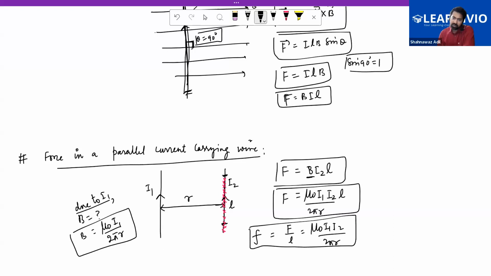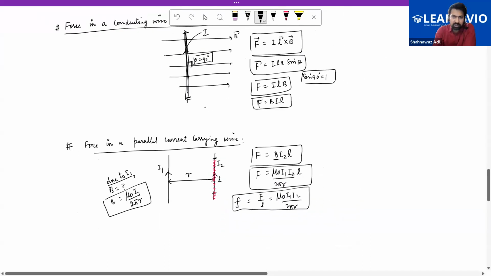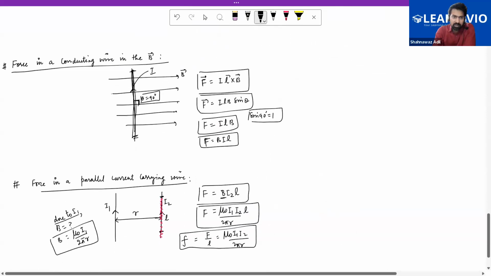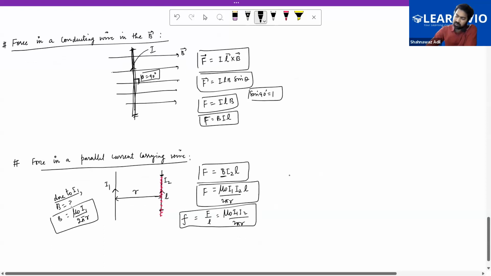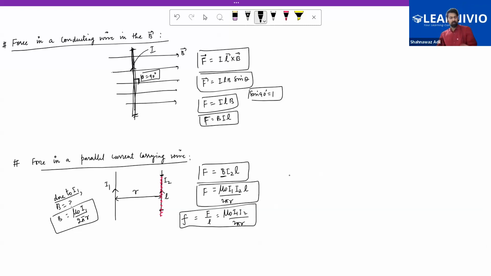So note down these things, and then we'll talk about moving coil galvanometer. Please note down these 2 points. Quickly note down this thing, and then we'll talk about moving coil galvanometer.